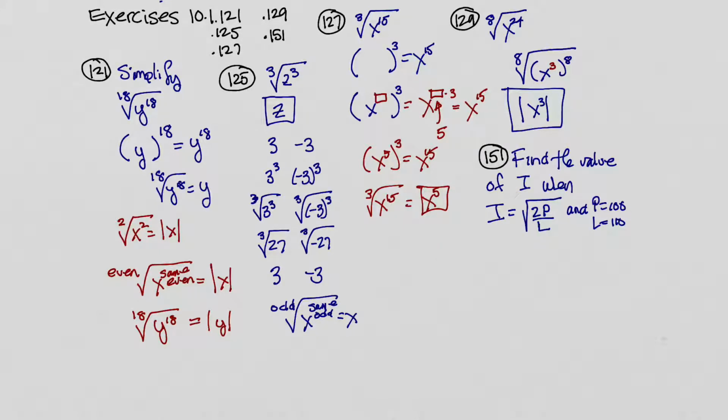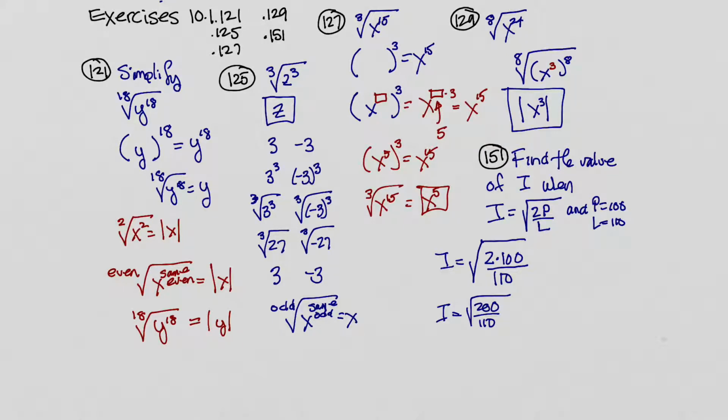So I is going to be this big square root here of 2 times P, but P is 100, divided by L, which is 110. Okay, so I is equal to the square root of 200 divided by 110. Now I did this on my calculator.